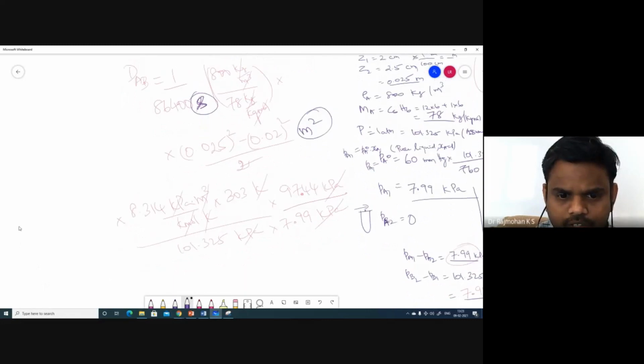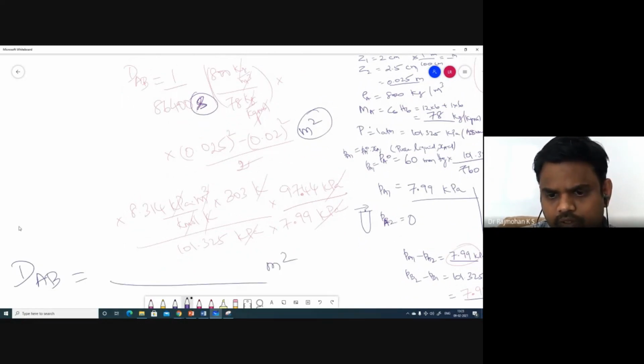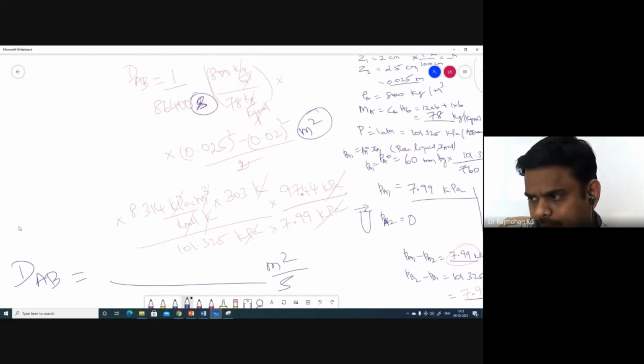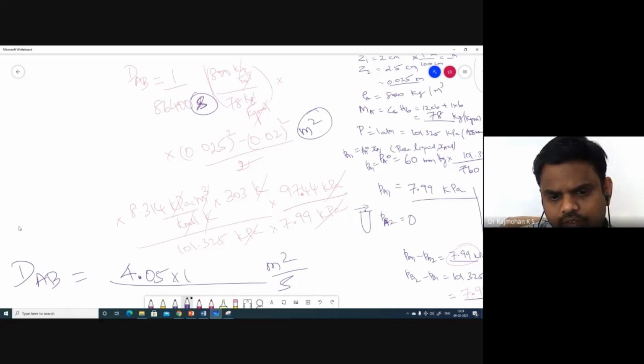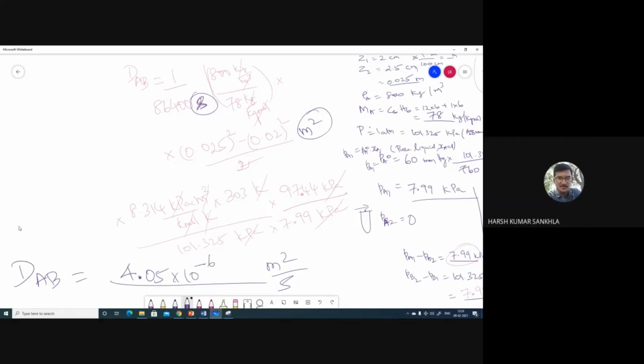Simplify to get DAB value. DAB is equal to this much meter square per second. So 4.05 into 10 power minus 6.